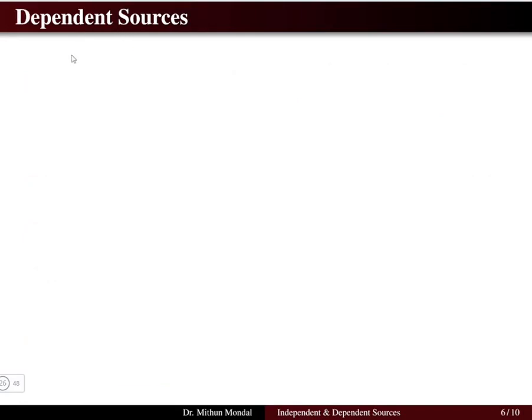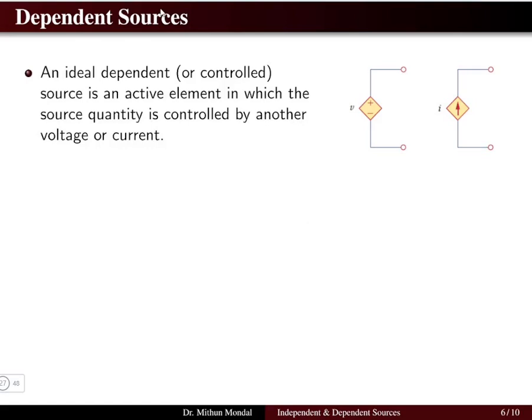Now we'll focus on the dependent sources. The dependent sources are also known as the controlled sources, and it is also an active element in which the source quantity, whether it is a voltage or a current, is dependent on another voltage or current in some part of the circuit. That is the reason it is known as controlled, because the voltage or current source is not independent, but rather dependent on some other voltage or current in some part of the circuit.